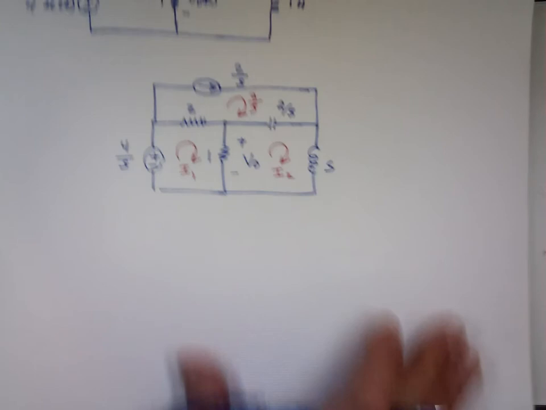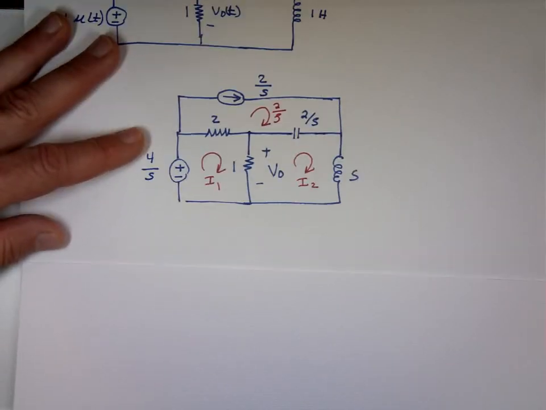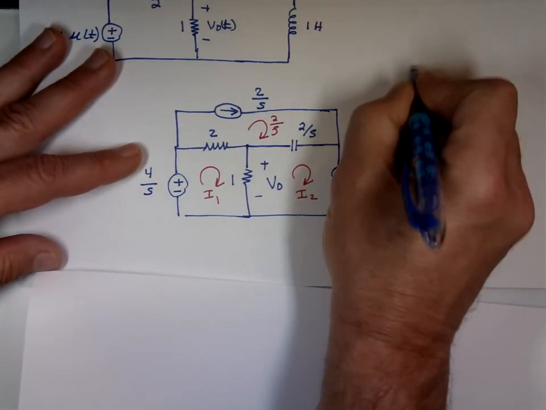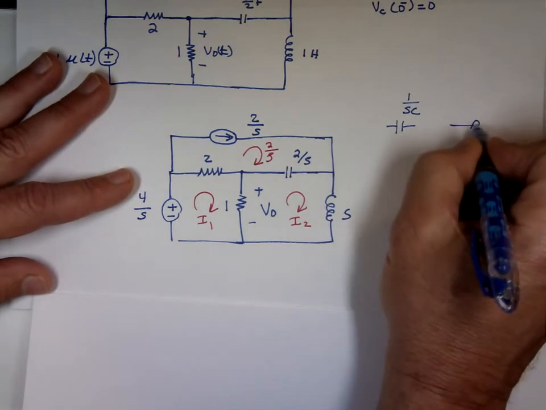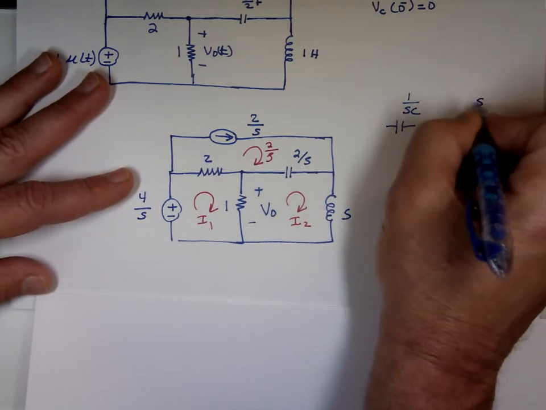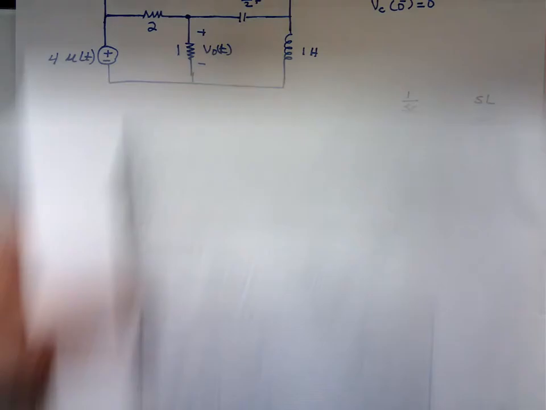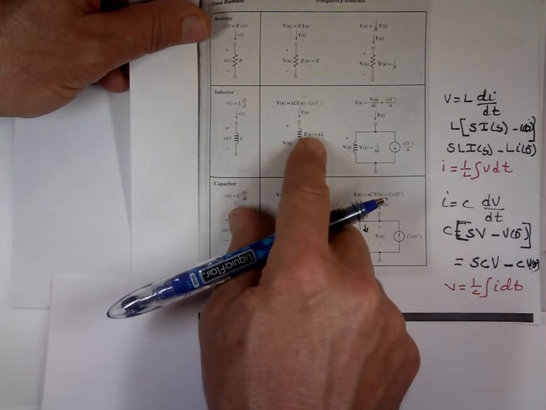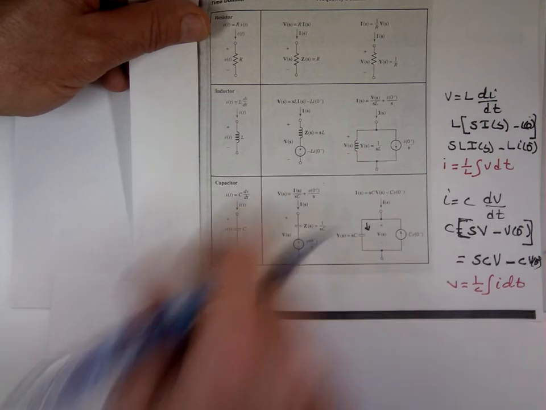What is a capacitor? 1 over SC. And the inductor SL. And that's coming from this sheet. Capacitor 1 over SC, the inductor SL, if I'm looking for the voltages. If I'm looking for the current, I'll change that.